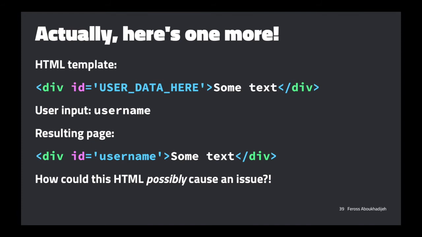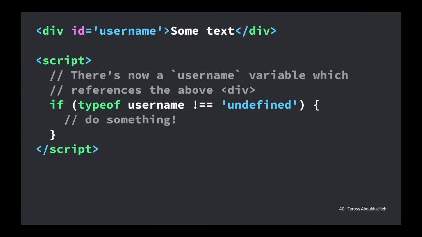This is not JavaScript's fault, but it's the interaction between JavaScript and HTML. I'm not kidding. What this means is that if you write this code, there's literally going to be magically a username variable which points to that. And so by letting the attacker or the user control the ID, you're literally letting them declare variables at the start of your script. So maybe that can be used as a way to change what the script is doing.